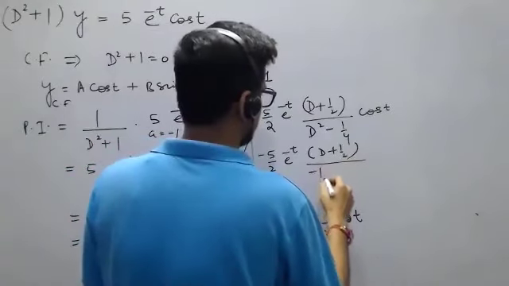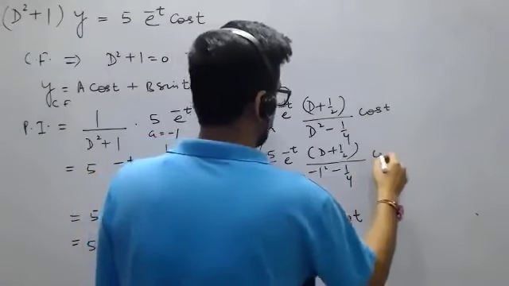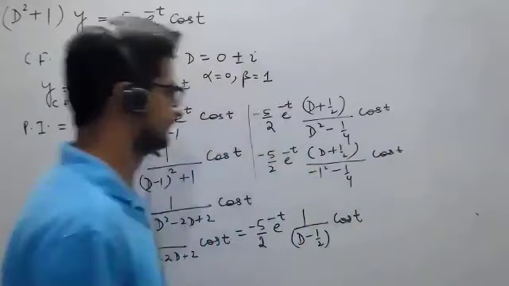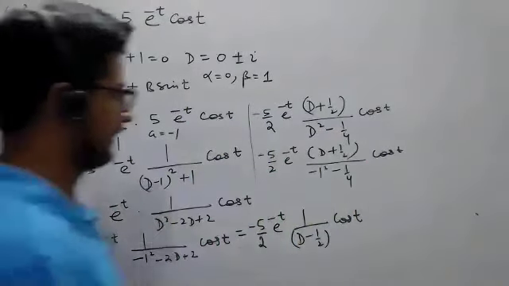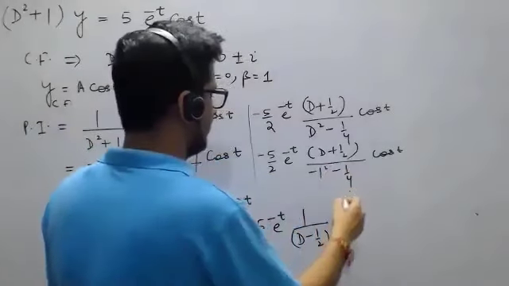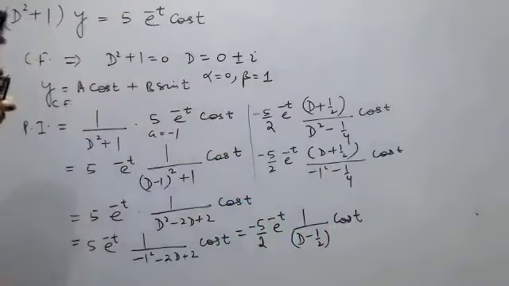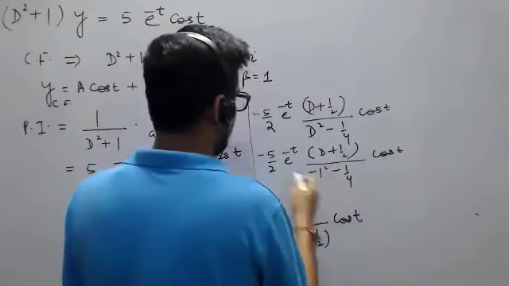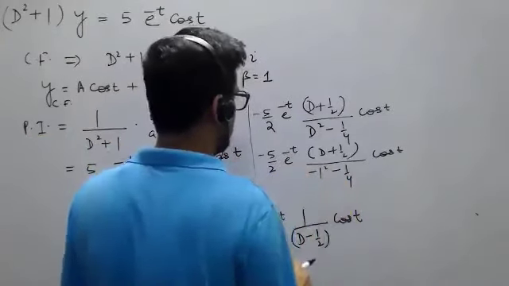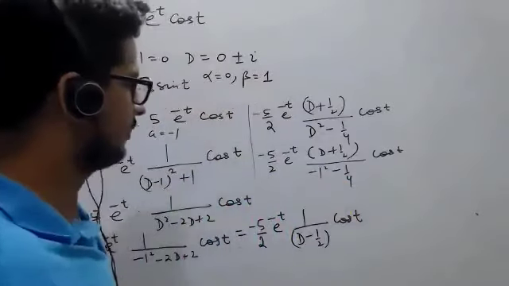So it will become minus 1 square minus 1 by 4 cos of t. Correct? And finally it will become minus 1 by 4 is what? Minus 5 by 4. So minus 5 and minus 5 will cancel and 4 will go in the numerator.